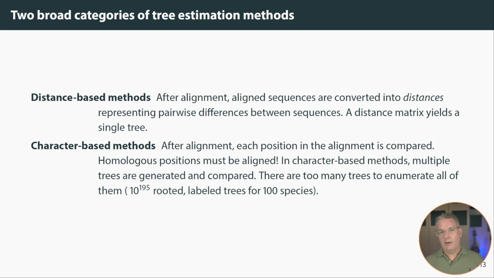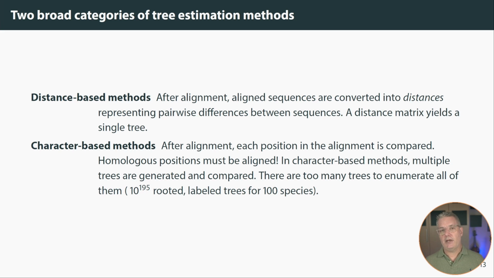Character-based methods are another class of methods, and in those cases, the alignment itself is used instead of a distance matrix. And it's used by taking each position, treating it as a character, and comparing those characters. Of course, this means that what's on the previous slide must be true. The homologous position must be aligned. So in character-based methods, most of the time, many trees are generated and they're compared to each other against some score.